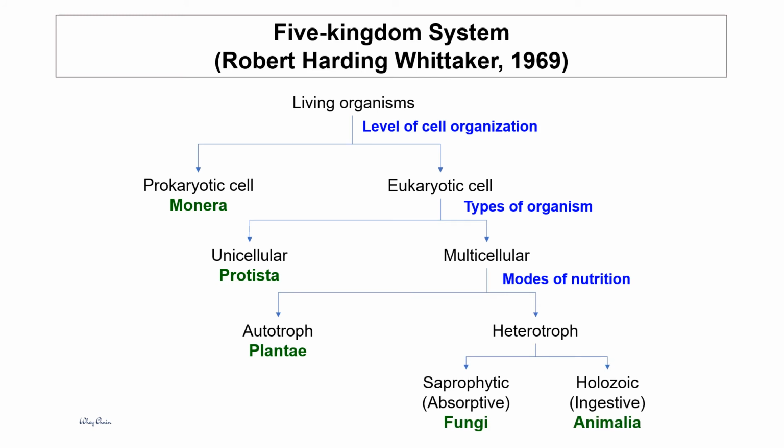The heterotrophs can be studied more according to their modes of nutrition, which are absorptive mode or ingestive mode. If the heterotroph obtains food through absorption, it will be grouped under kingdom Fungi. However, if the heterotroph obtains food through the ingestive method, it will be grouped under Animalia.